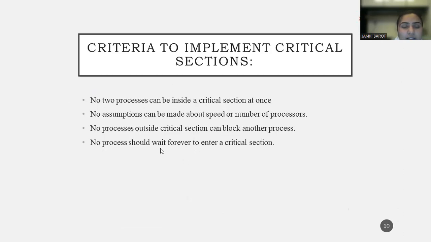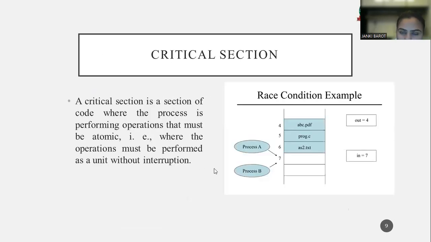So I will give a proper, common example. We can relate the critical section to an ATM, right? In an ATM, only one person is allowed at a time. Only one person will go inside the ATM, perform the task, and after completing it, come outside, and then another person will enter the ATM, right?